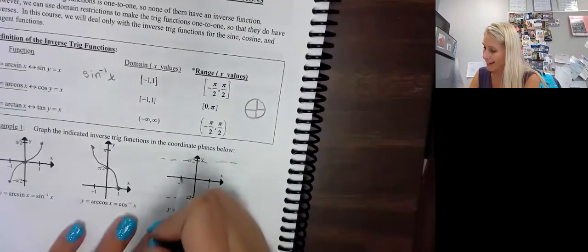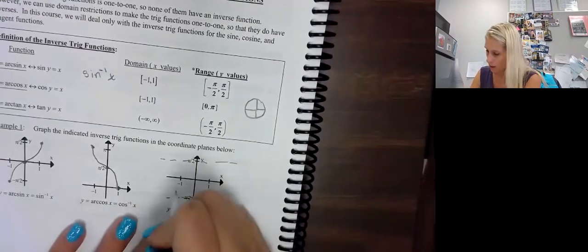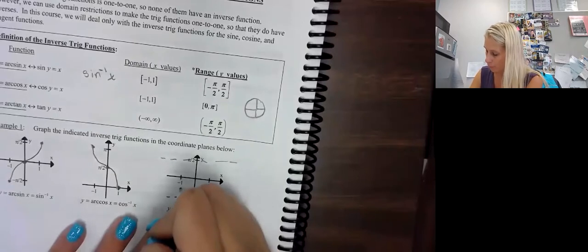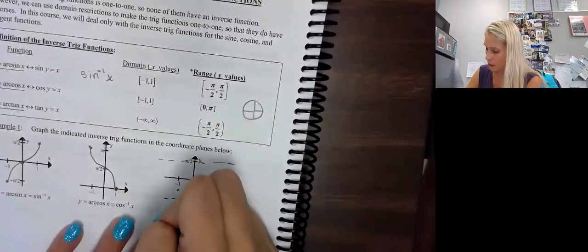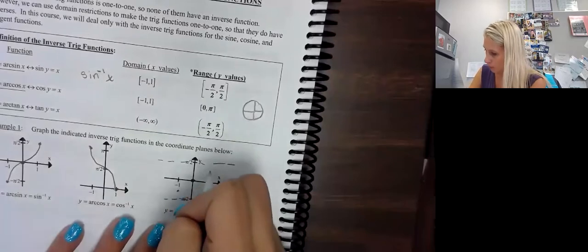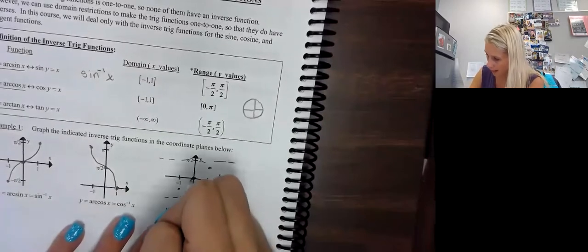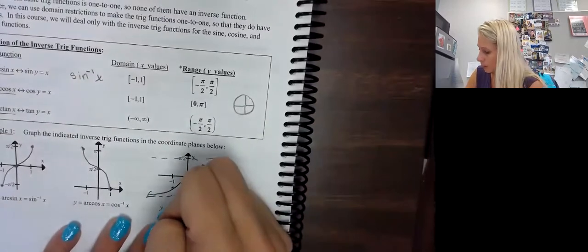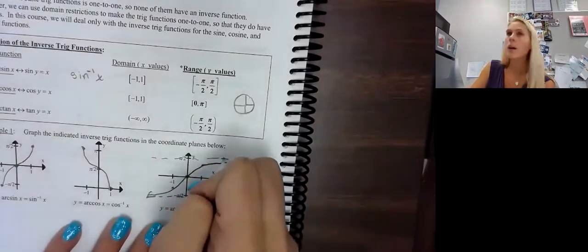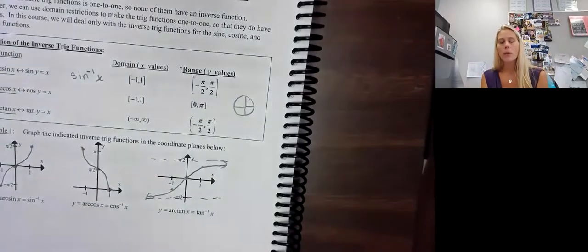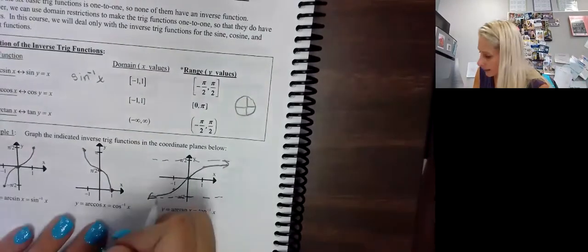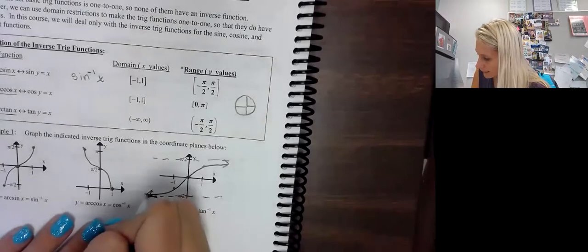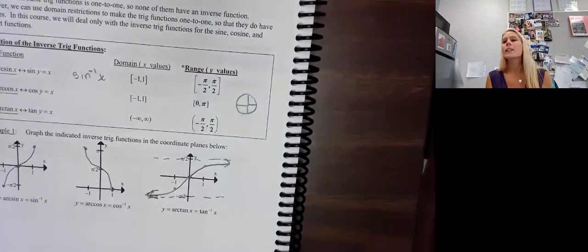So of course at -1, we are at -pi/4, right? At 0, we're at 0, and at 1, we're at pi/4. And it gets closer and closer to pi/2 and -pi/2. But remember, if we went forwards, it would be undefined. So that's why we have our asymptotes. Okay, now this is just a reminder.